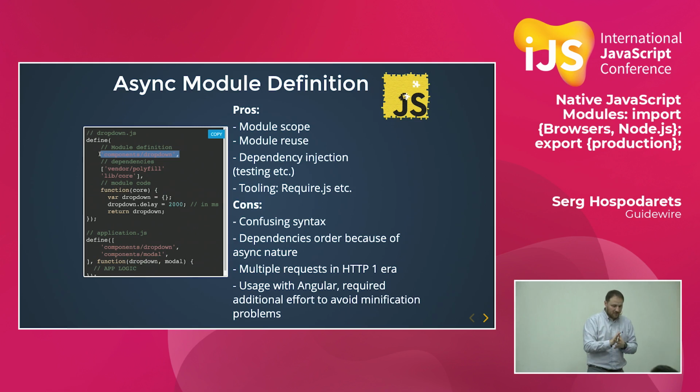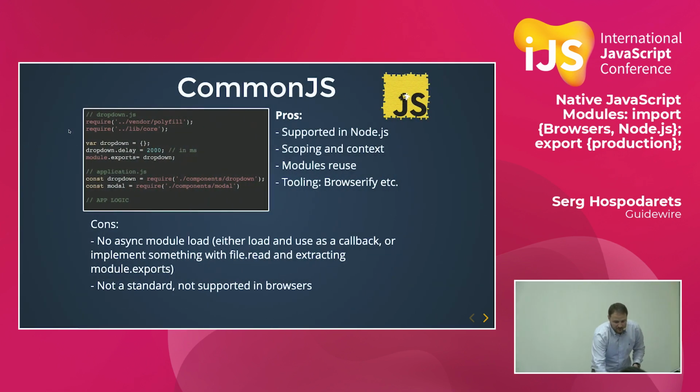And multiple requests in the era of HTTP/1 is an absolutely bad idea, so you had to use something like RJS, which put it all together, and that was also a bit funny. You could also use this with Angular, which required some additional effort, because the Angular module system wasn't really prepared for this. First Angular, I mean, of course.